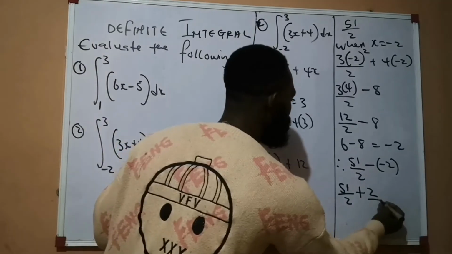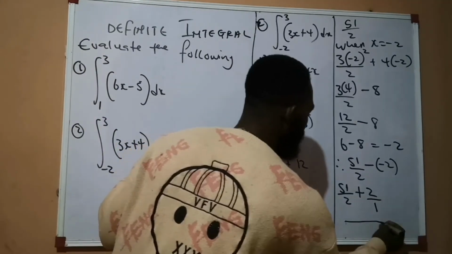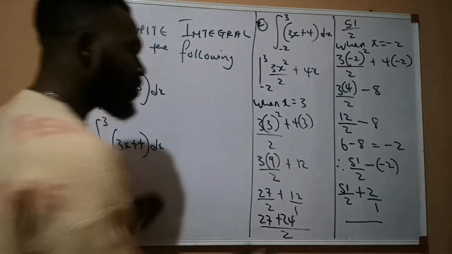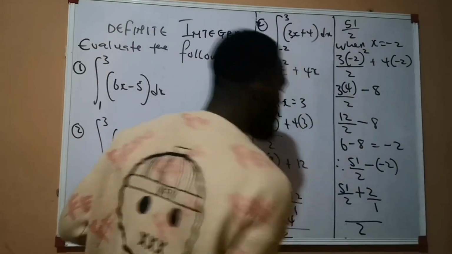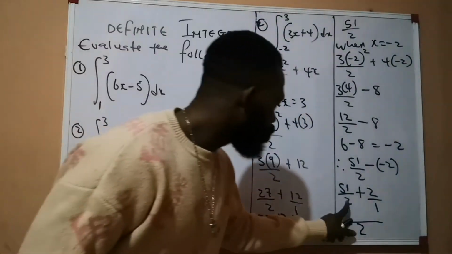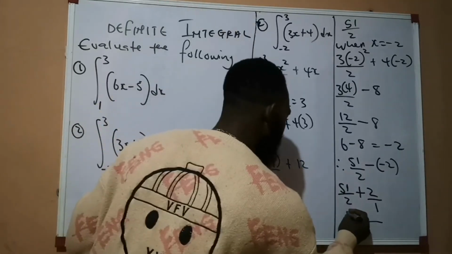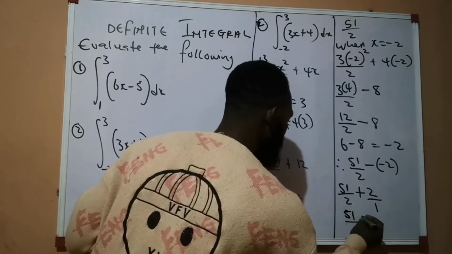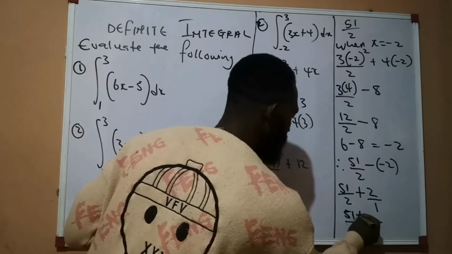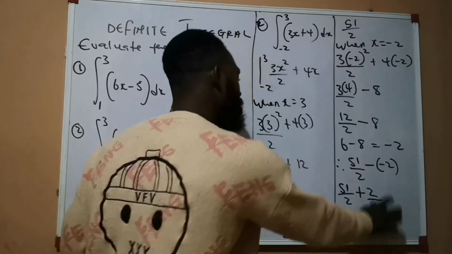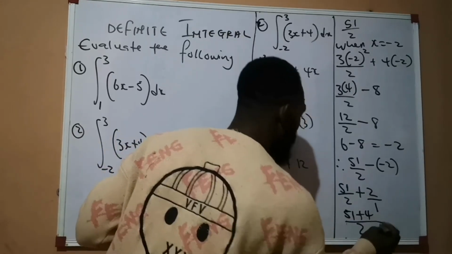Now, base this 2 over 1 and look for the LCM. Now, the LCM of 2 and 1 is 2. Now, 2 into 2 is 1. 1 times 51 gives us 51. Plus 1 into 2 is 2, and 2 times 2 gives us 4.